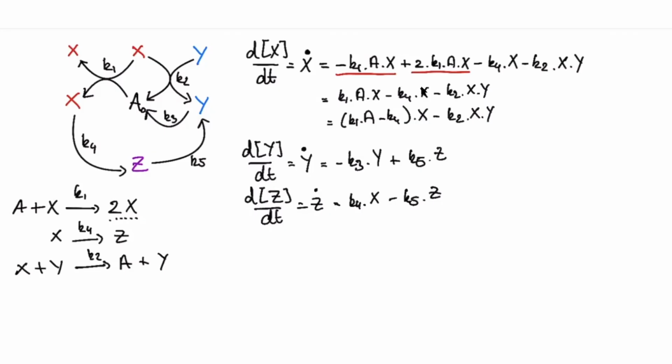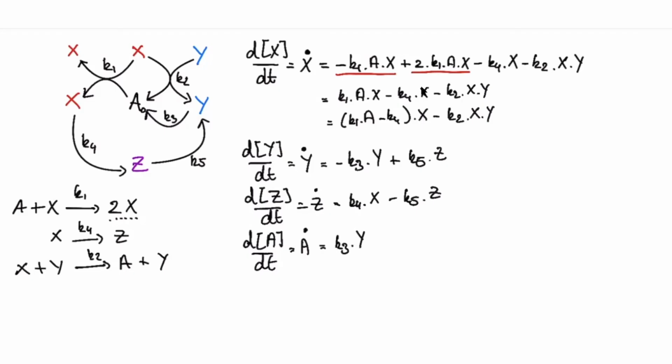Okay, last one, dA/dt is a dot. A is being produced from y with rate k3, so we have k3 times y.